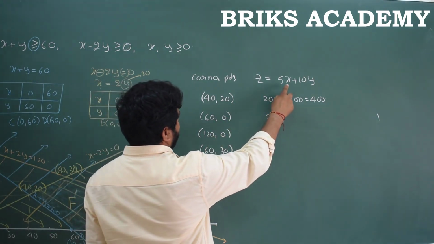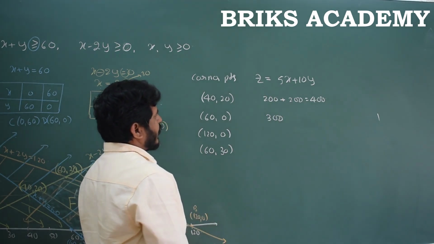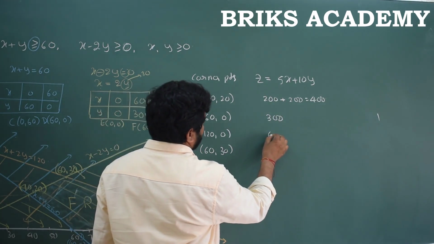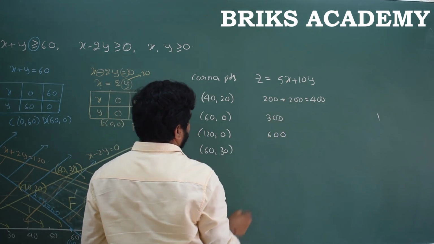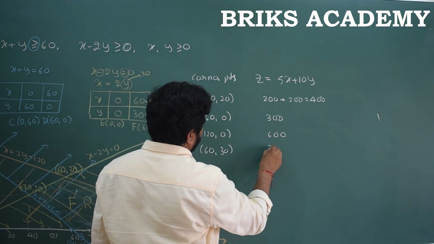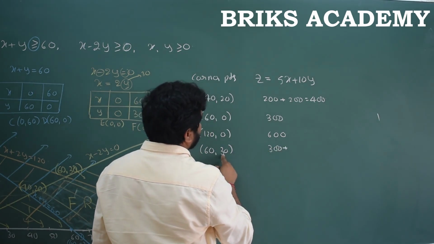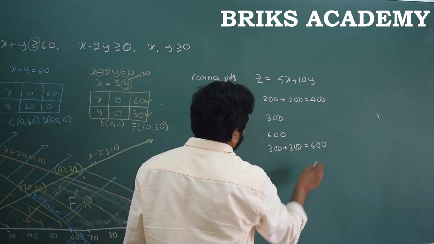Next, putting 120 for x, 12 fives are 6000... similarly for 60 and 10, 5 into 6 is 300, plus 3 into that, 300 is equal to 600.